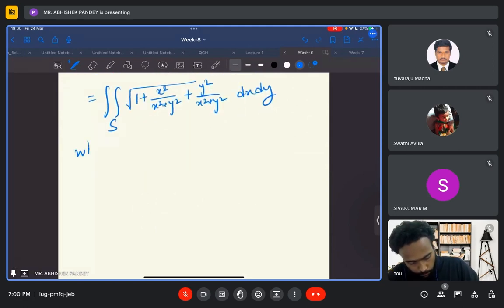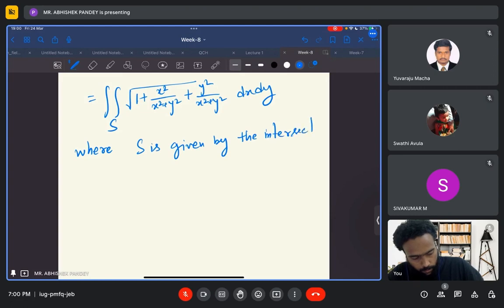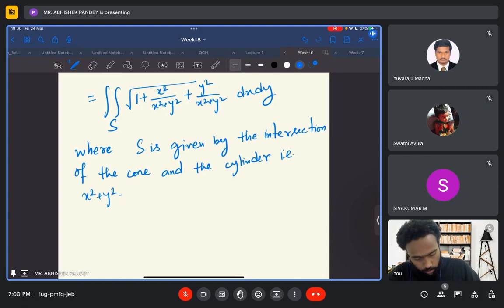where we need to identify this S, where S is given by the intersection of the cone and the cylinder, that is x square plus y square equals 2y.